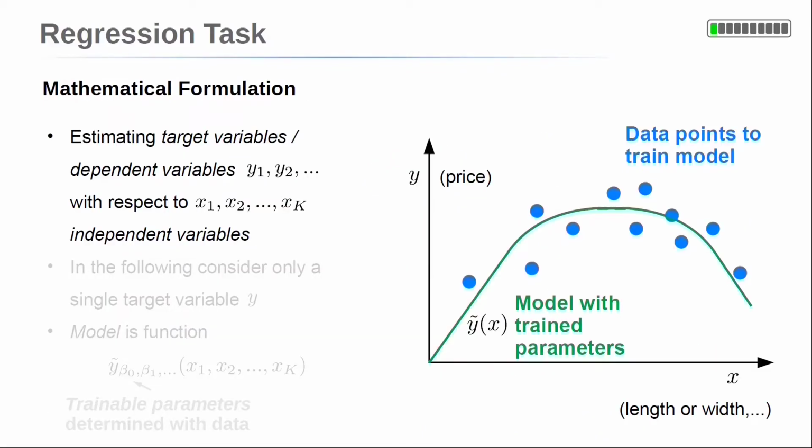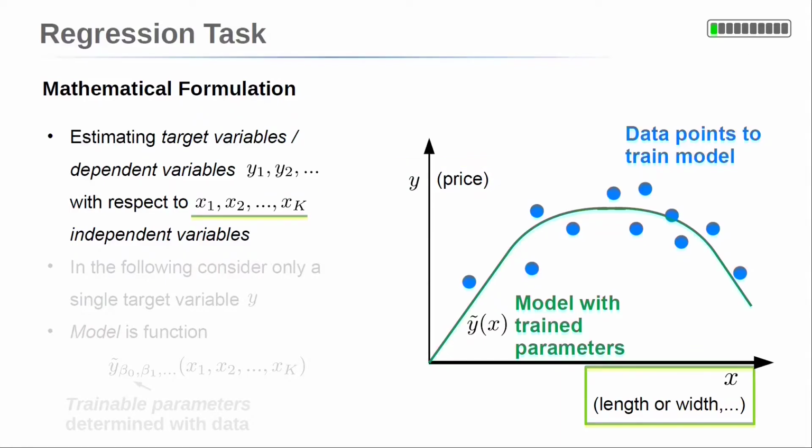A more mathematical formulation of the regression problem is shown here. We want to estimate one or more target variables, such as a house price. The regression model wants to estimate such variables y1, y2, and so on, depending on features. So these target variables are also called dependent variables.